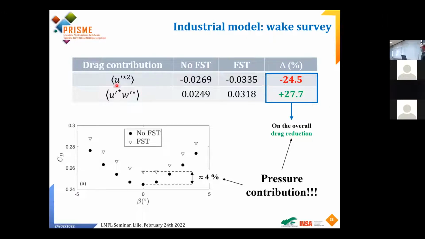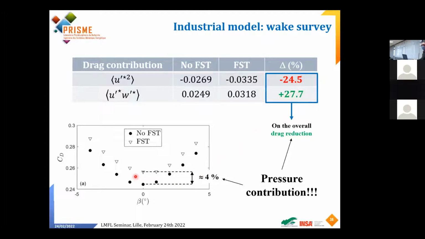If now I'm looking at this term, which is here, it will have this value for the free stream turbulence, and this value for the no free stream turbulence, and it will decrease the drag by 28%, okay? So there is almost a compensation between these two terms. And even, it tells me that overall, these terms will decrease the drag.